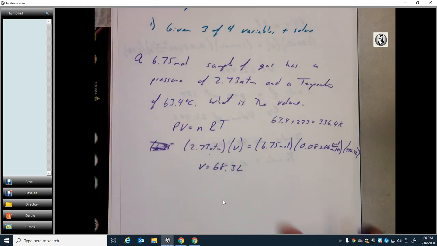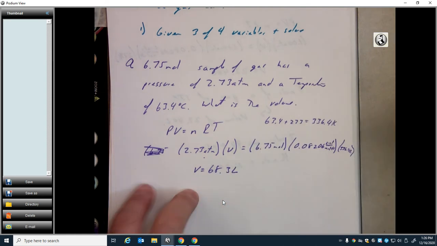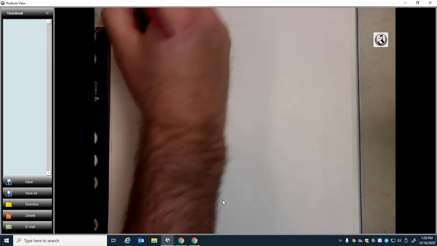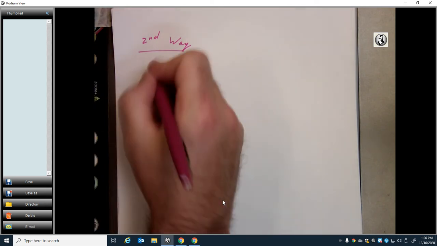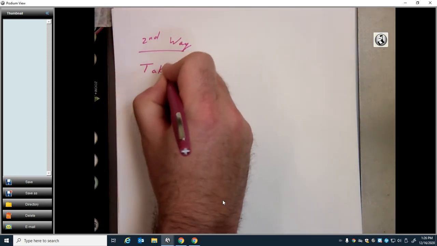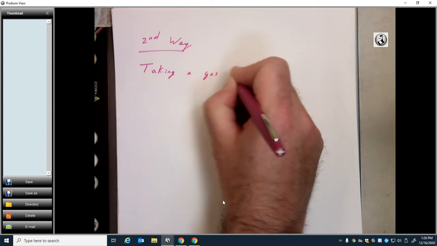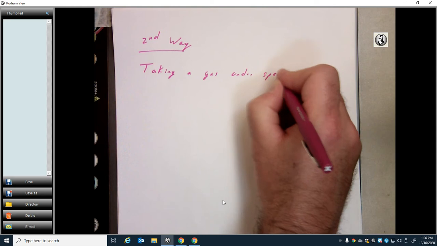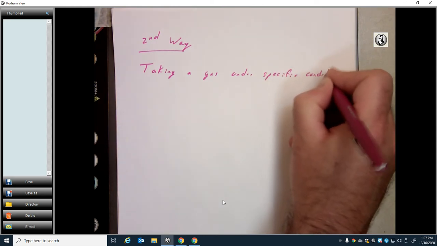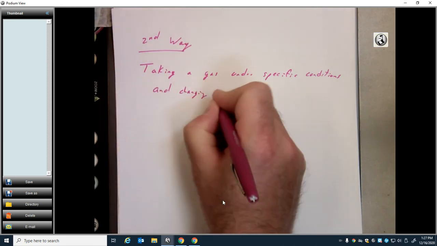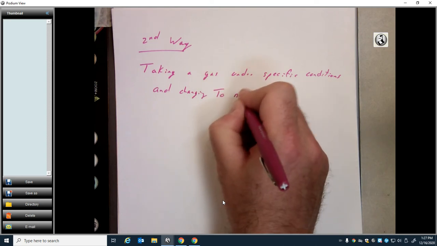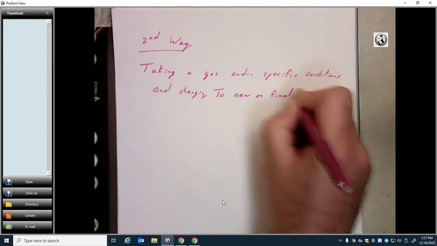Well, there's a second way that we can use this gas law. In the second way, we're going to be taking a gas under specific conditions and changing to new or final conditions.